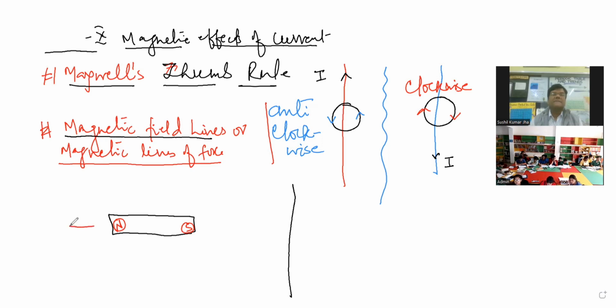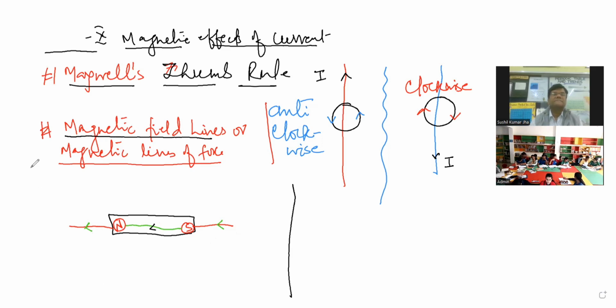Then two horizontal lines from the north and south poles. This arrow is coming outward from the north side, and over here the arrow is going inward. Don't make any error while putting arrows. Inside, we'll be putting it from south pole to north pole.